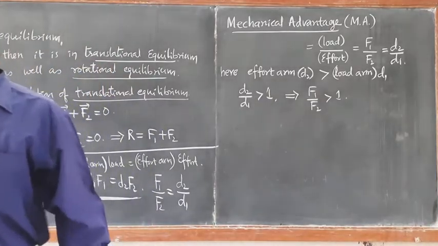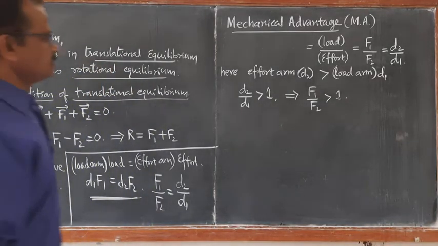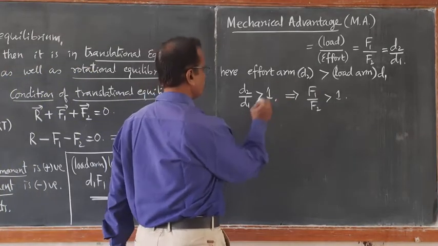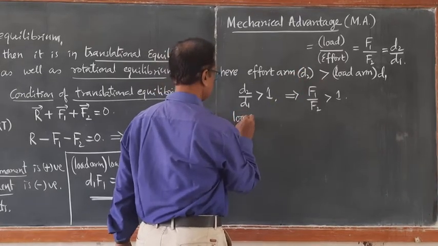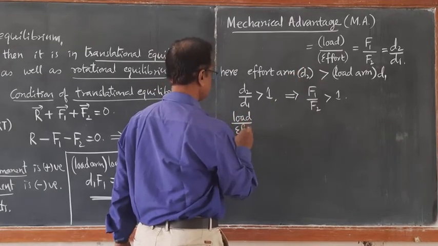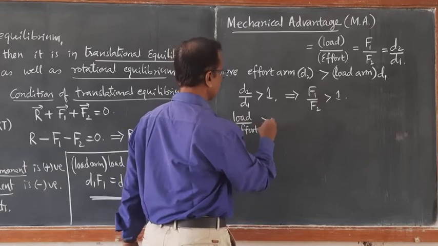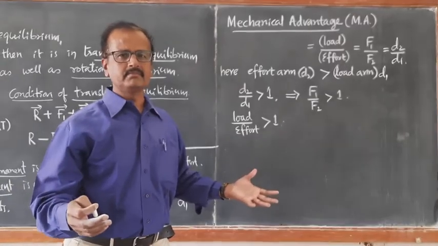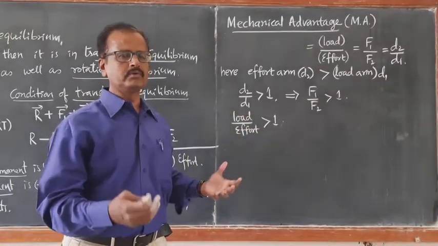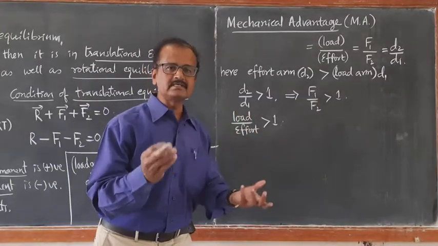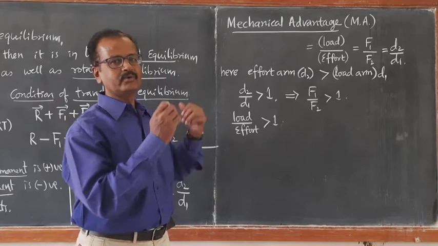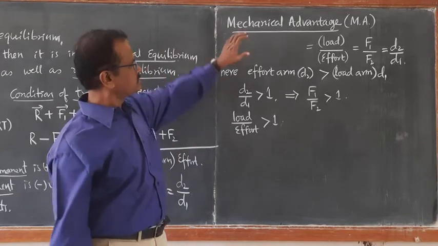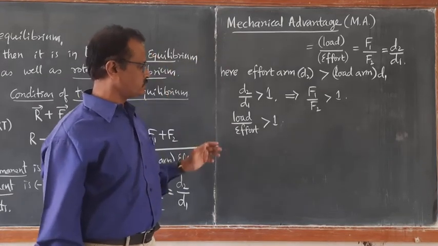Mechanical advantage is greater than 1. It means what? Load by effort is greater than 1. Even though load is very heavy, maybe 50 kilo, 100 kilo, you require only less effort to lift that load with the help of lever. This is called as mechanical advantage.